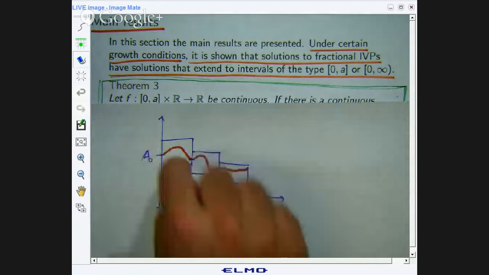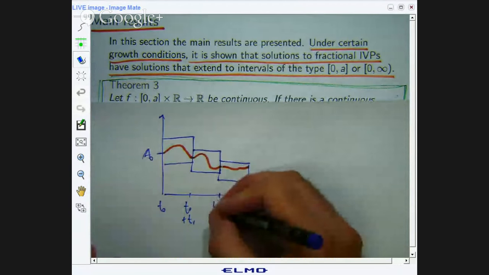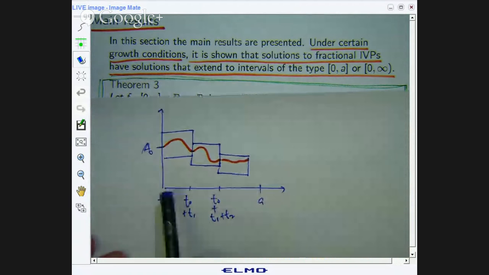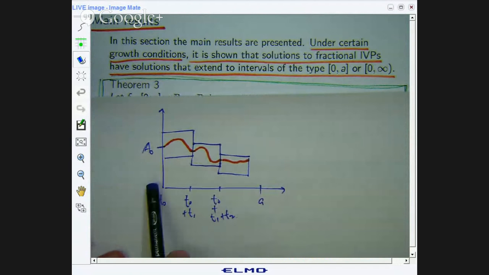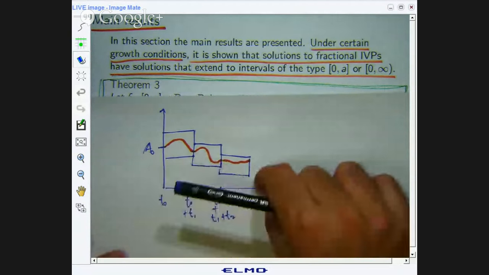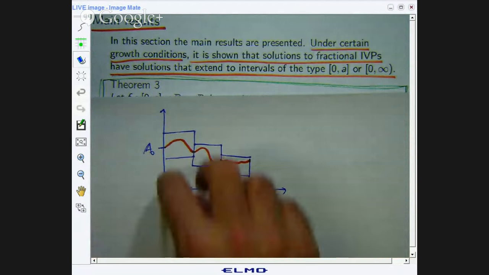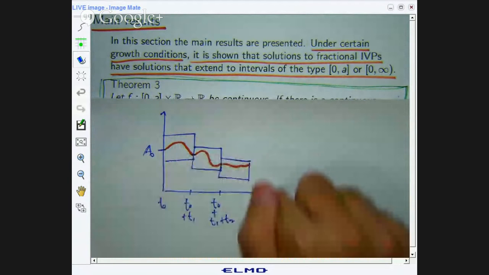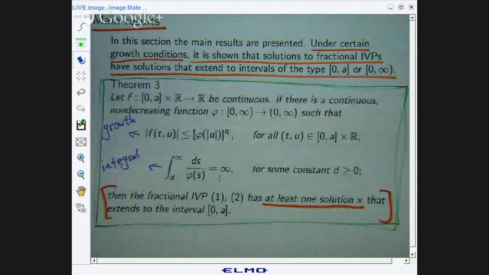Essentially what happens is you get these intervals, and these intervals will basically move out towards a. So the whole thing will extend over to the interval 0 to little a. That is basically the whole proof.